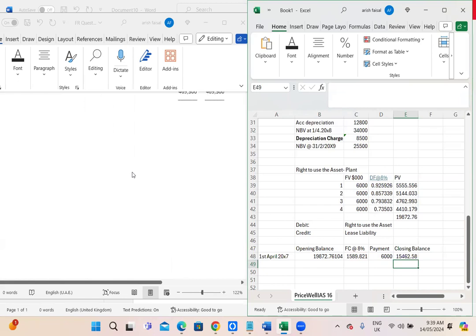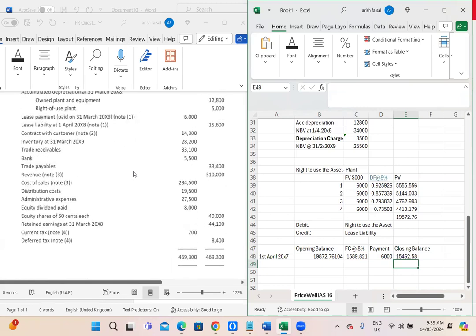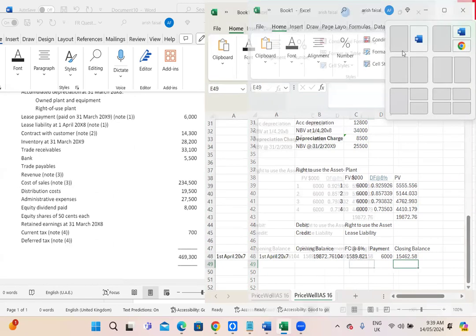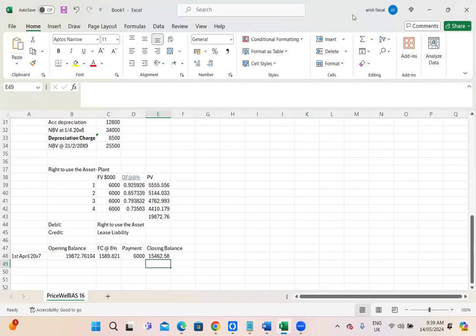Now, if you look over here in the trial balance, they have given you the lease liability at 1st of April, which is your opening date, at 15,600. So we are getting 15,462. It's just because I have rounded up the figures over here. Let me show you, because in your syllabus they take 2 or 3 decimal places, right?